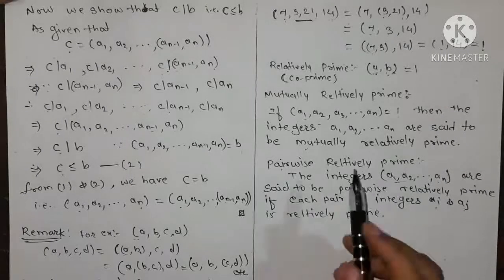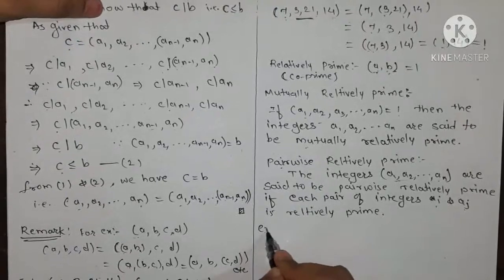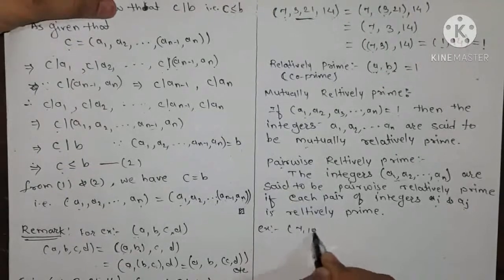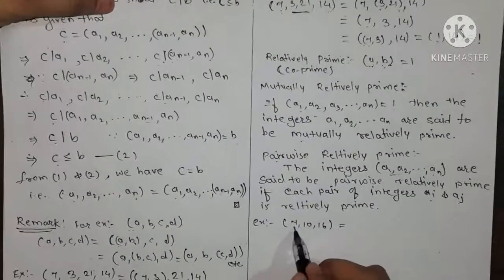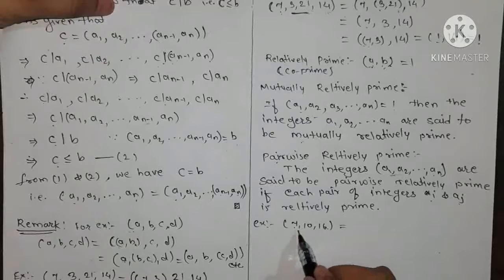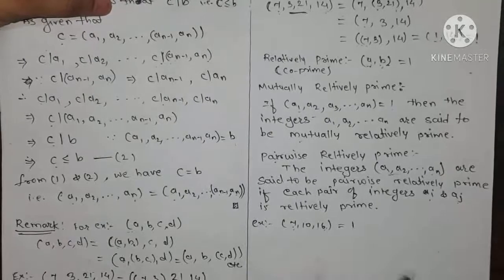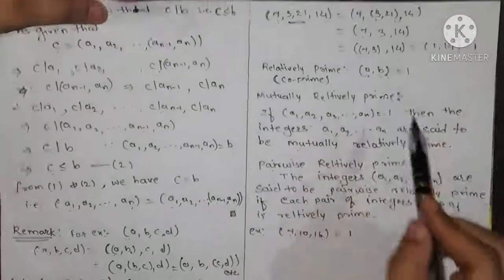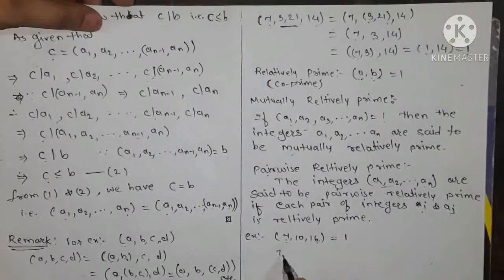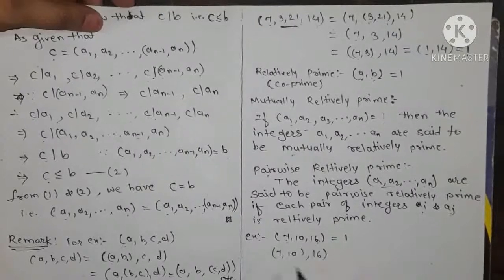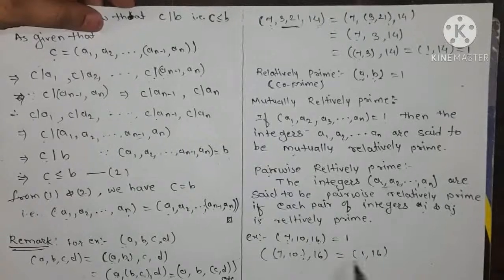For example, take 7, 10, 16. What is the GCD of these integers? The common divisor which divides all of them equals 1, right? Or we can find it this way: we take 7, 10 as the first pair and find the GCD, which is 1, with 16 as it is.